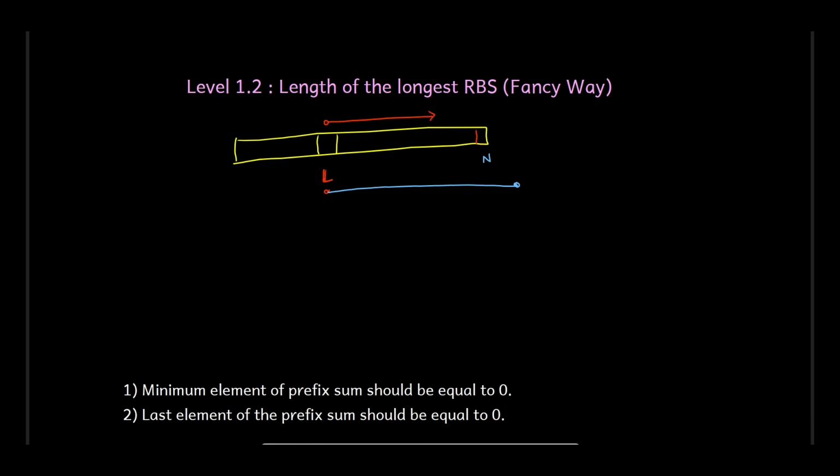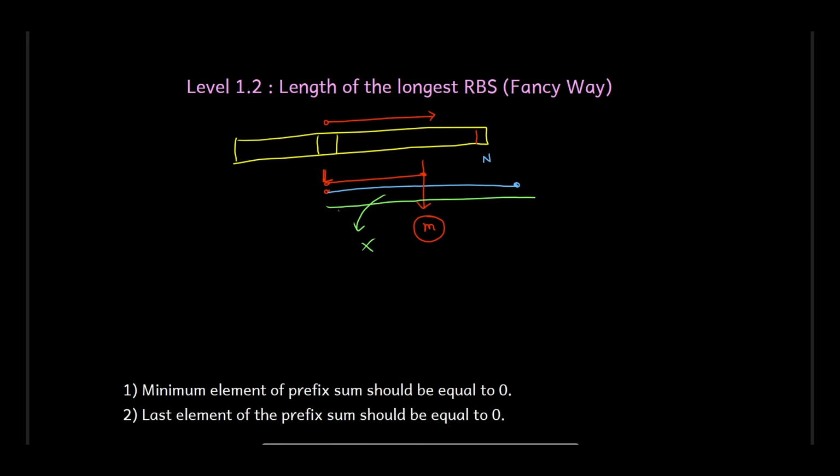Then you can first split this range in half. This is your midpoint M, and then you can check whether this string is an RBS or not. Because if the answer is no, then you know that this bigger string also cannot be an RBS.